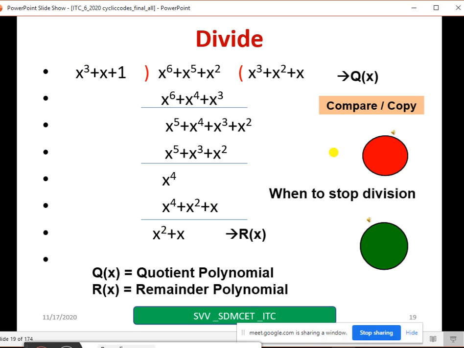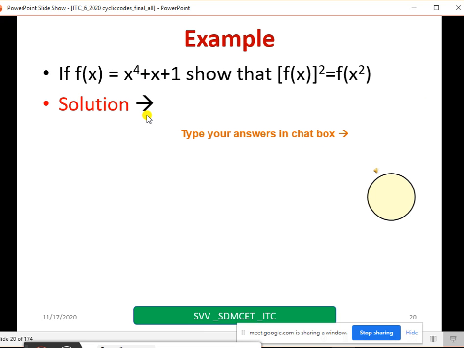Okay, many students are telling the answer. Thank you, each one of you. And let me go to the next. Show that if f of x equal to x4 plus x plus 1, show that f of x whole square equal to f of x square. Copy down the question. I'll show you the first step what to do.